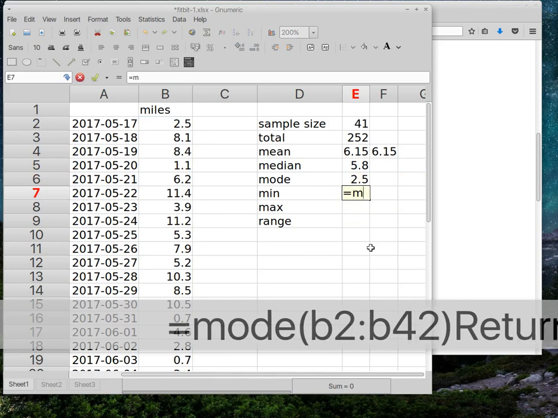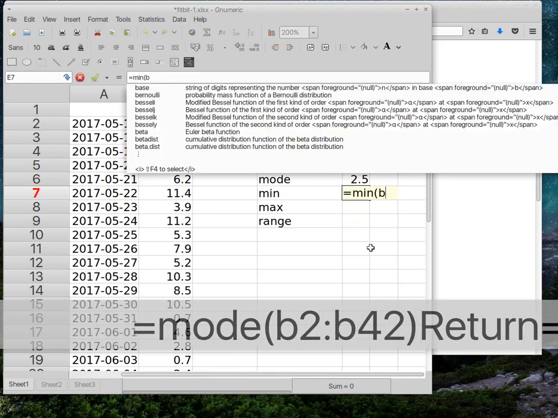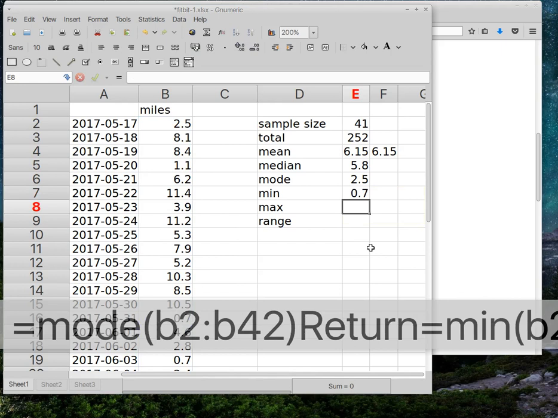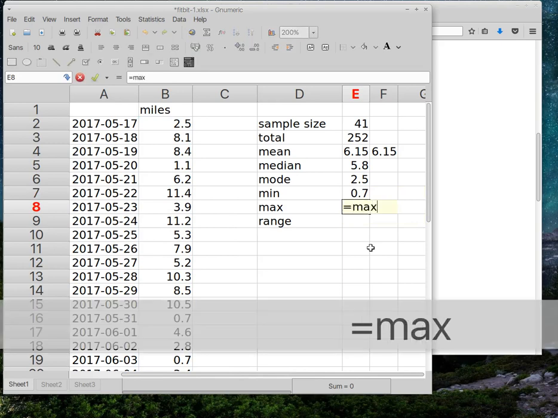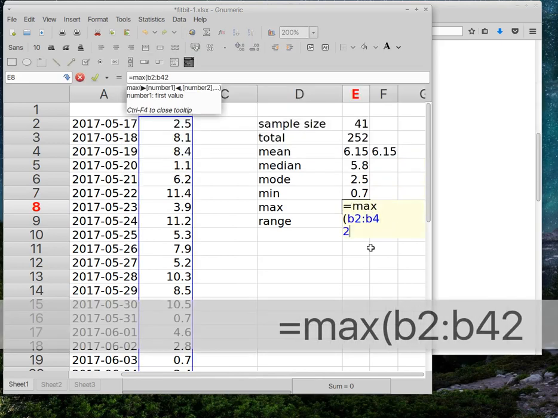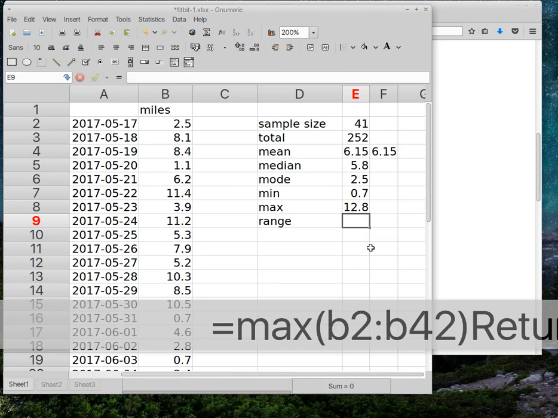The minimum, by now you know what's going on. MIN for minimum, and we'll do the same thing for the maximum. MAX is the command for the maximum, and you get 12.8.